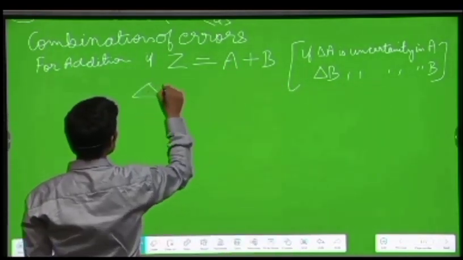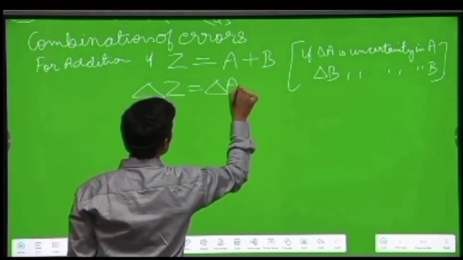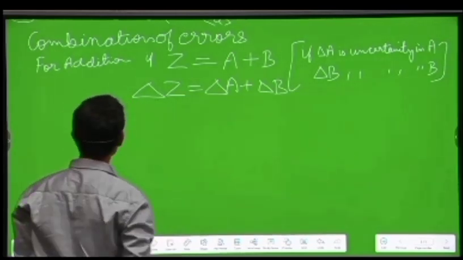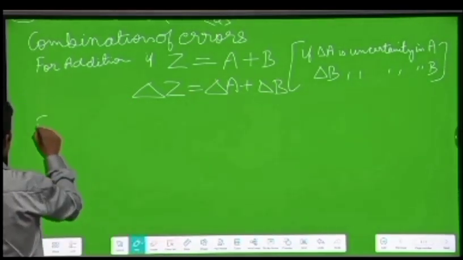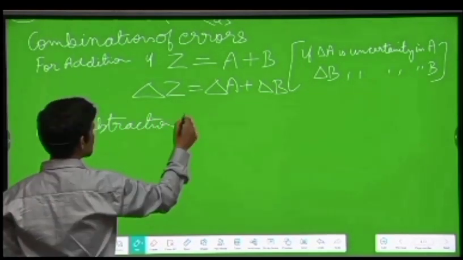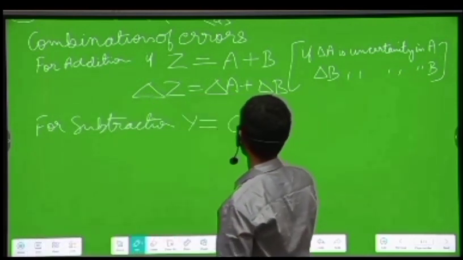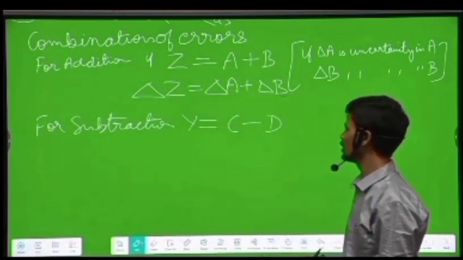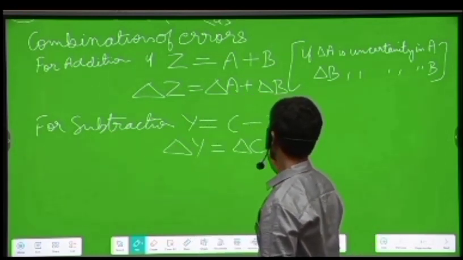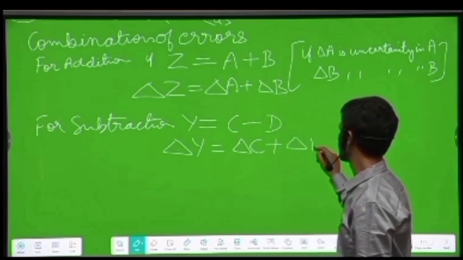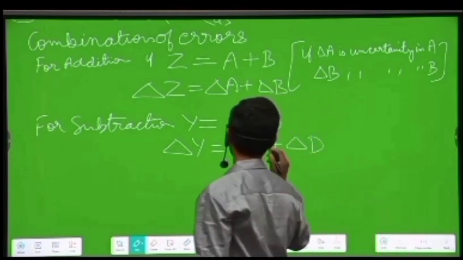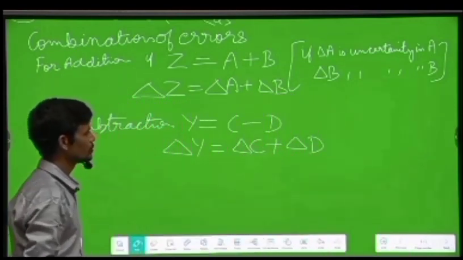Then this delta Z, the error limit, will also be the sum of their individual errors. For subtraction, let us suppose some other physical quantity Y depends upon some C, D by this relation, then delta Y is again the sum of their error limits. For both addition and subtraction, we are going to add the error limits.